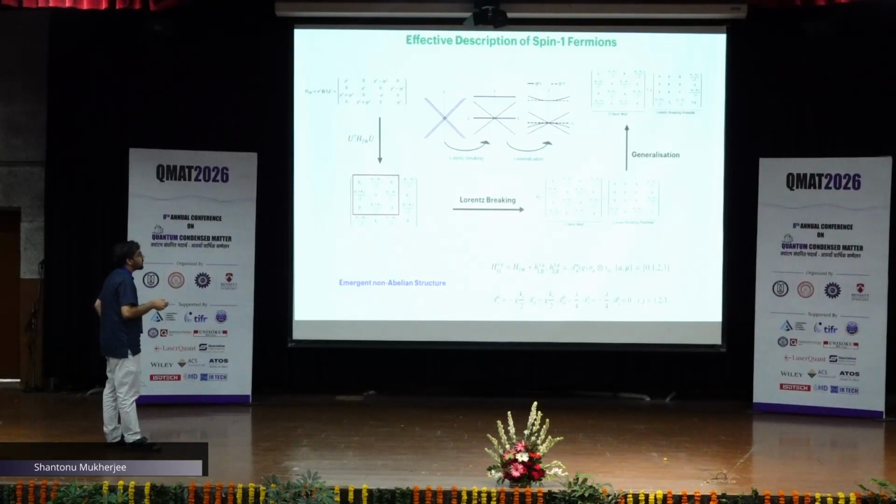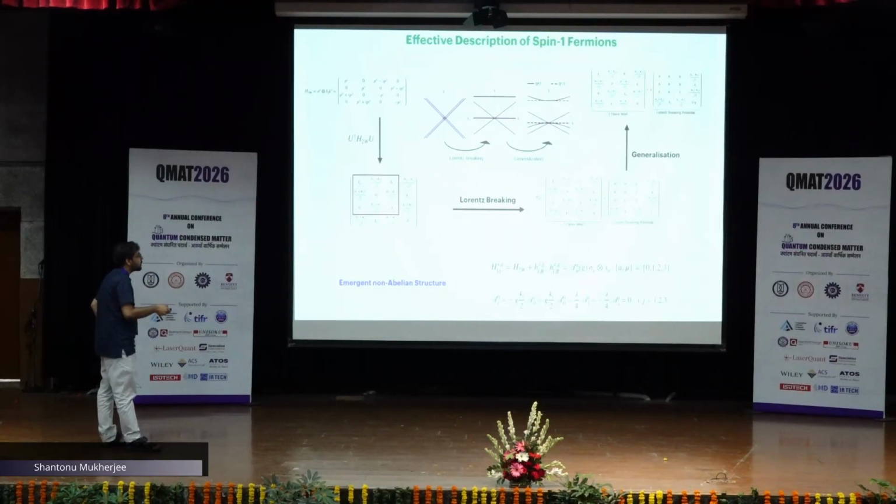Now one can add some Lorentz violating terms like this to obtain this kind of Hamiltonian. This can be further generalized by scaling this factor by g, and that would only change the dispersion of these flat bands to generally dispersing bands.